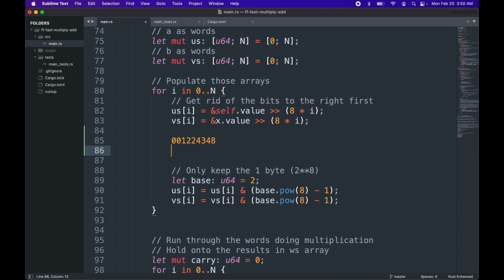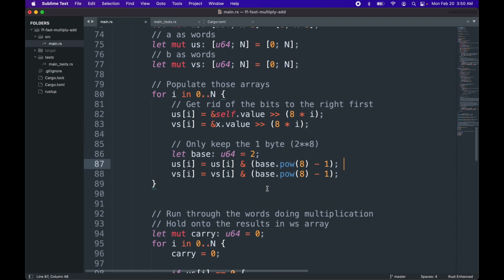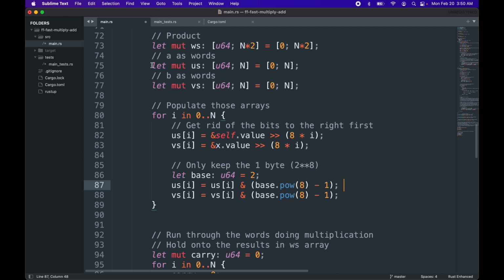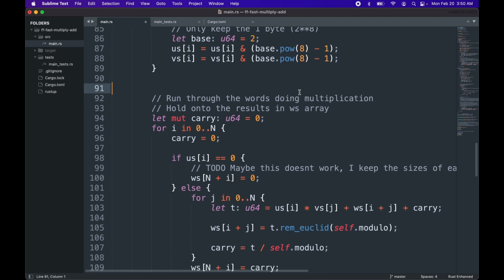So you're doing a byte AND with something that looks like, well, this is base 10, so this is not exactly correct, but something like this essentially, right? Like these all go away because when they AND with the bottom, the other number, 2 to the 8th, doesn't have anything there, and then you're just left with this. That's how we first set up this array of words from our input.